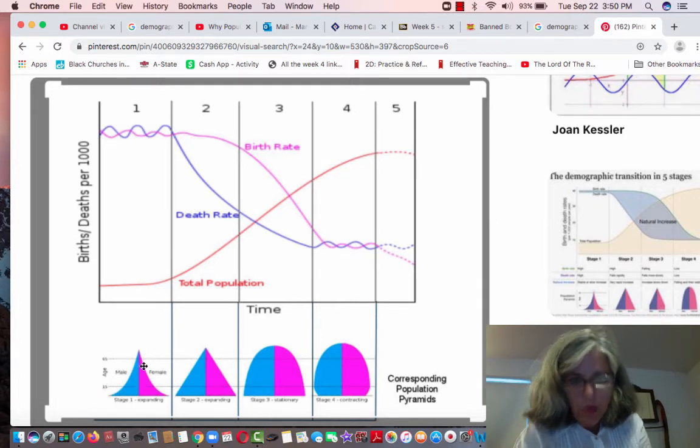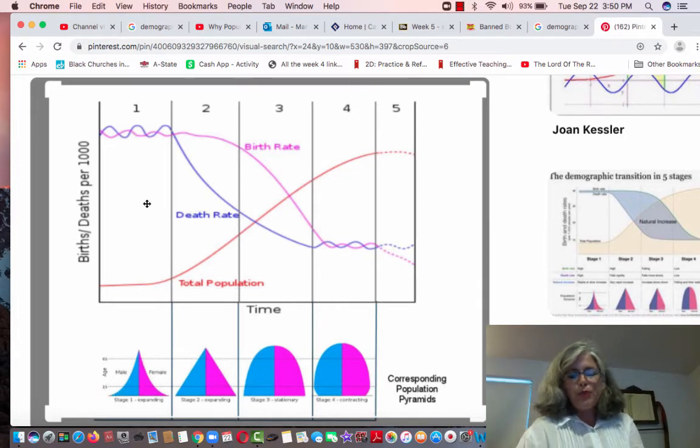You see that sweep inward. So there are no countries in the world today that are in stage 1. You might find an isolated tribal group here or there throughout the world that could be classified as stage 1, but not an entire country.